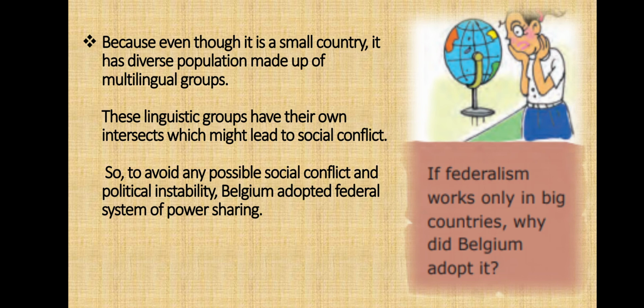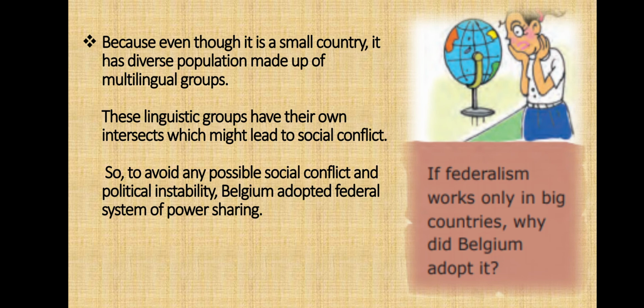However, it has a diverse population made up of multilingual groups that we have seen: Dutch speakers, French speakers, and German speakers. These linguistic groups have their own interests, their own issues, which might lead to social conflict.